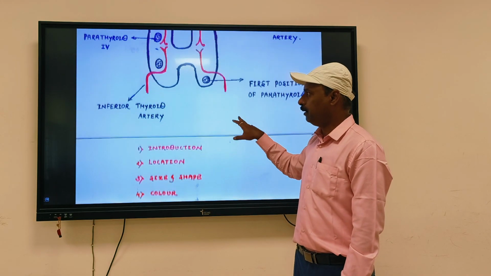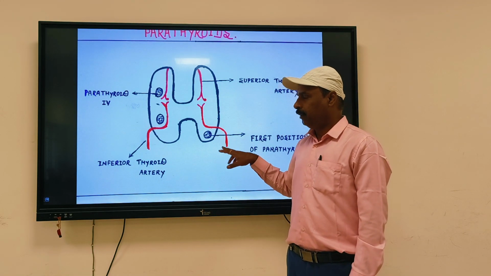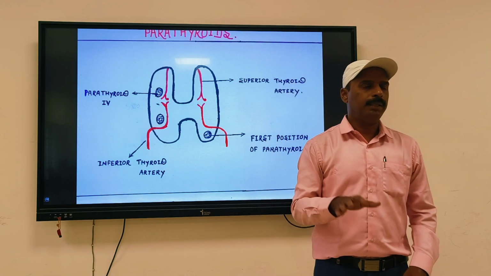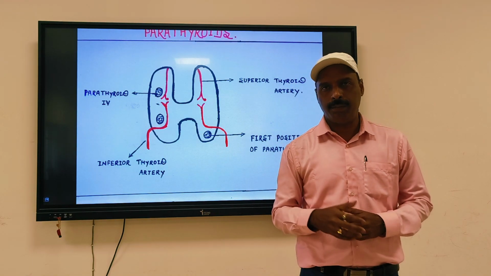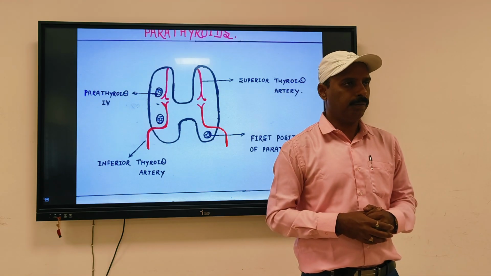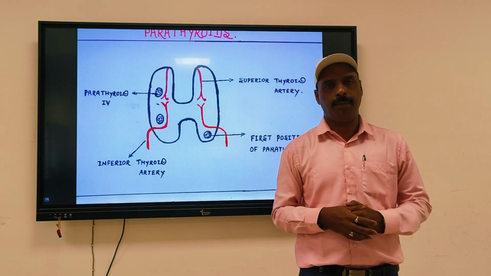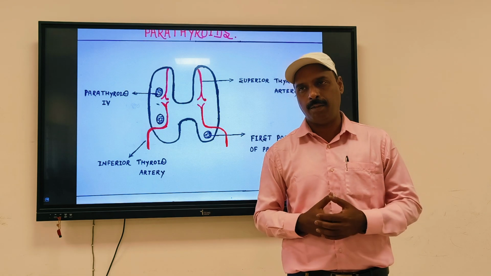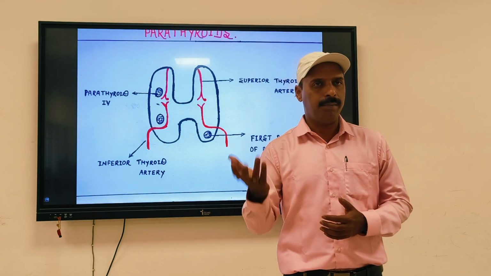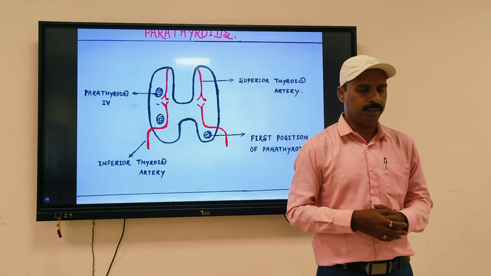So when you see the parathyroid, in the introduction you have to tell that the parathyroid is one of the small endocrine glands situated on the posterior part of the lobes of the thyroid, or on the posterior border.